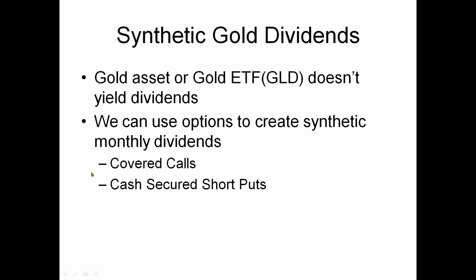One of the potential uses, of course, is a covered call, meaning that you buy shares of GLD and then sell an upside call to get the income. The other way, which is also an equivalent method from the option standpoint, is you can sell cash-secured short puts, and then you can also get the income from this method as well.